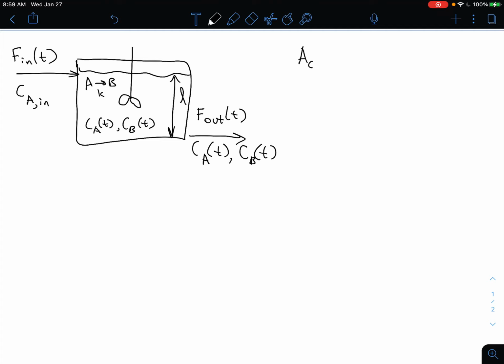So we're going to make additional assumptions. A sub C is a constant cross-sectional area.